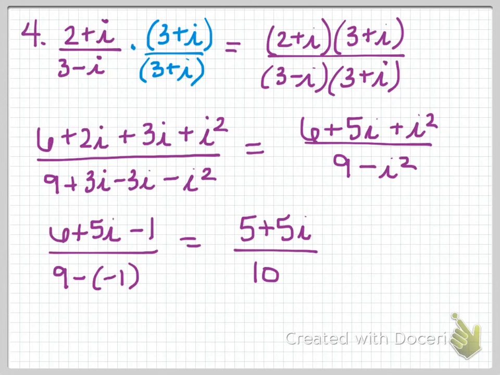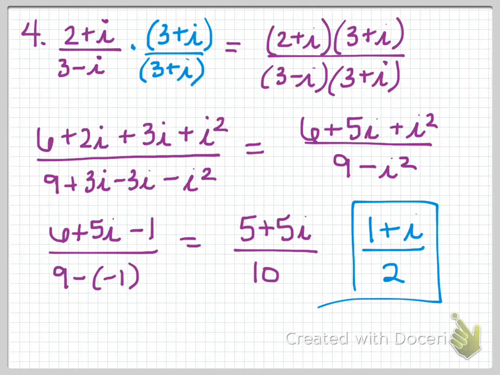And when we divide this fraction, we can simplify it by dividing 5 from each part, so that our final answer is 1 plus i over 2. And that's it.